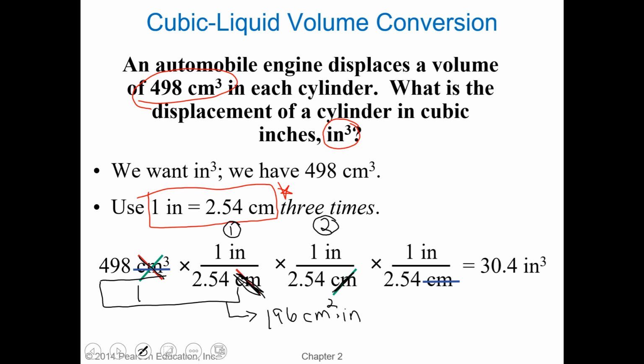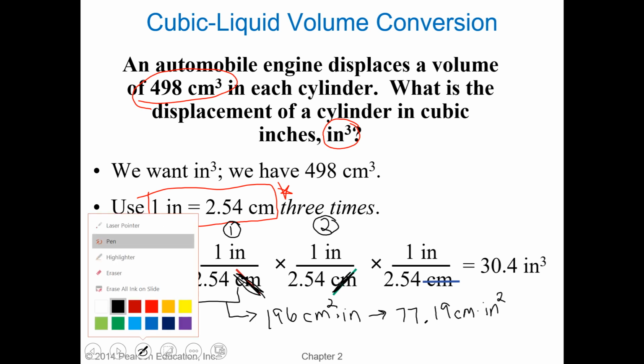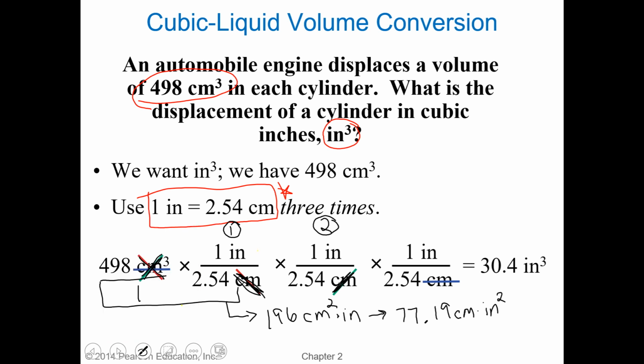After the second one, another cubic centimeter is canceled out, and I'm left with 77.19 inches squared, because now I've multiplied it twice and canceled centimeters twice.